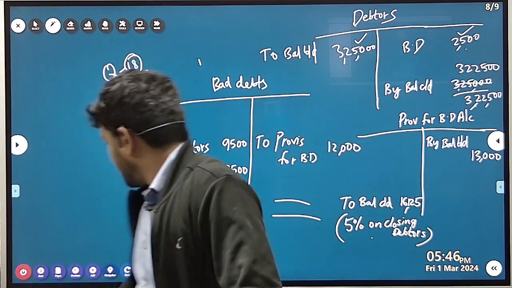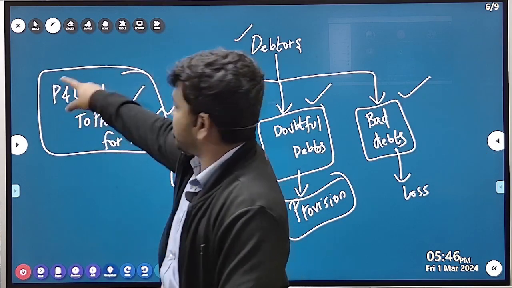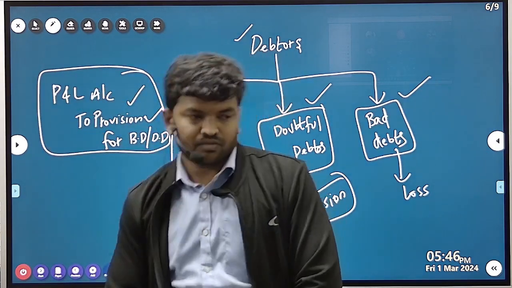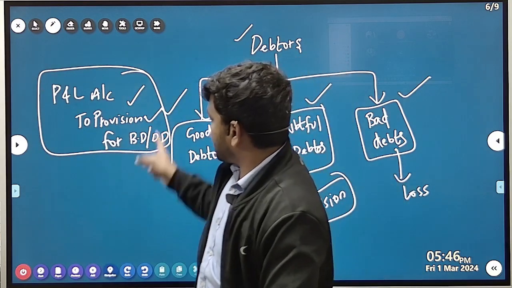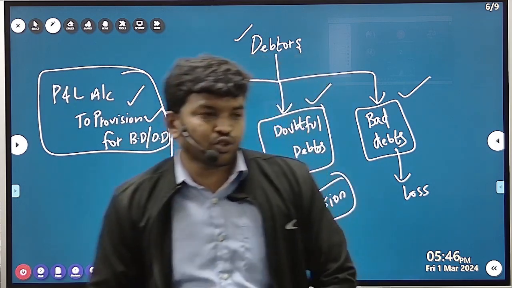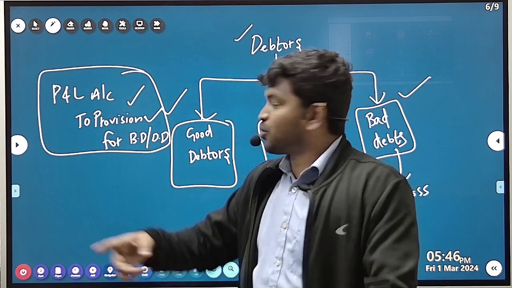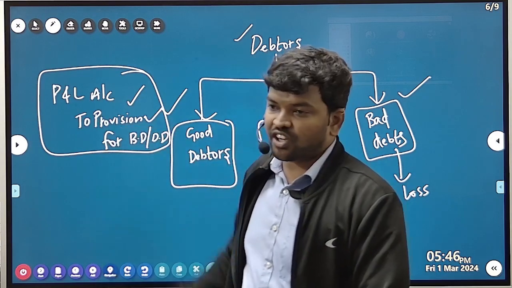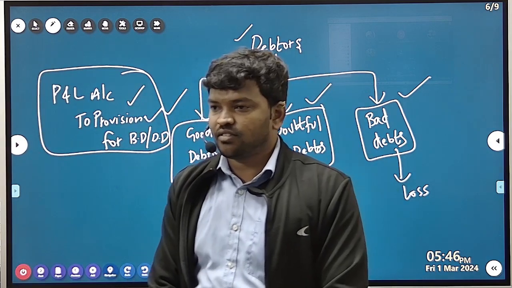Sir, why? I'll explain. See here, because you are creating provision from P&L account. Understanding? You are creating provision for bad debts from P&L account. So bad debts you should not transfer directly to P&L. Instead of transferring directly to P&L, you have to transfer it to provision account, because provision has been created from P&L account.